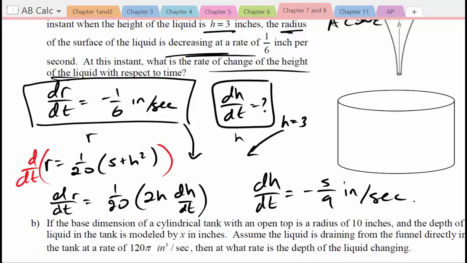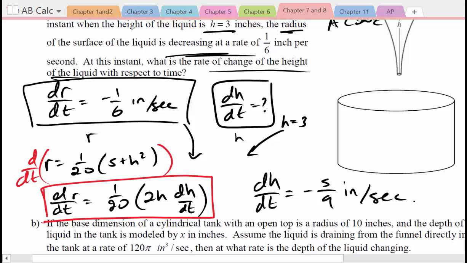The points here come from taking the derivative of r and then having the correct answer after plugging everything in.